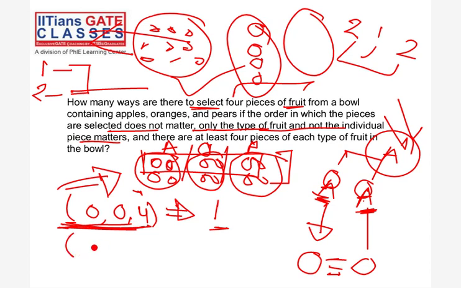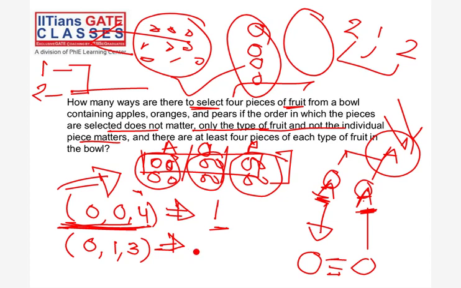Now what is another way? Maybe another way could be possible like this. Maybe you do not pick any apple, but maybe you pick one orange, and then you have to pick three pears, right? So if you pick one orange, then you are left with the choice that you have to pick three pears. So how many ways are there to do this?